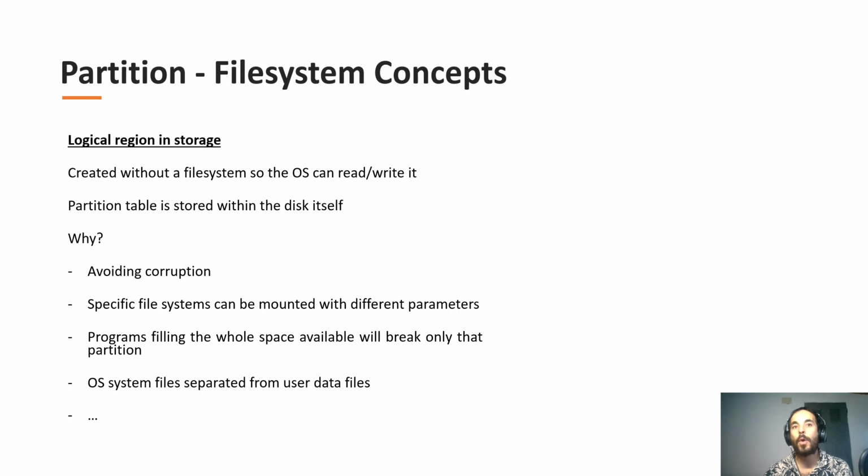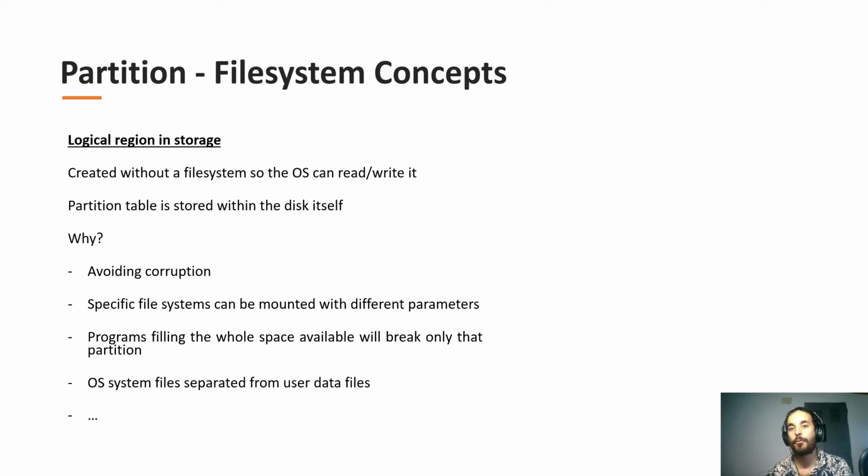Why do we use partitions? Again, there are many reasons, but basically the first and most obvious reason is that we can organize the information in different sections, so they have different purposes, for instance. And because you can organize information within different sections that are virtually independent from each other, you can avoid corruption.